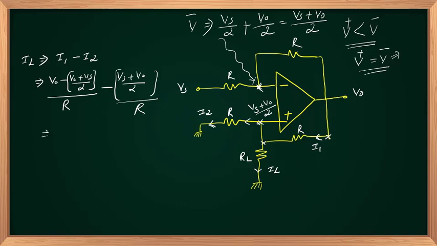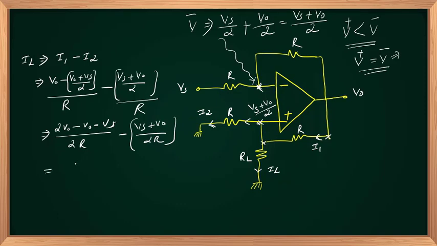So rearranging this term, 2V out minus V out minus Vs divided by 2R, minus (Vs plus V out) by 2R is the current IL, right?